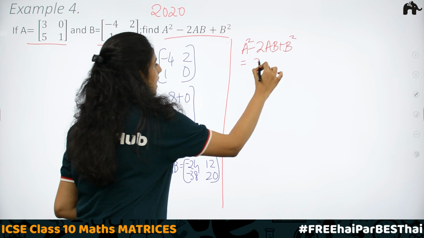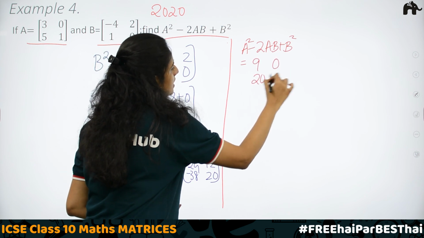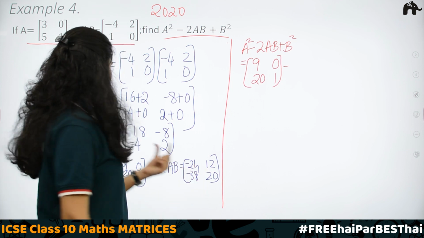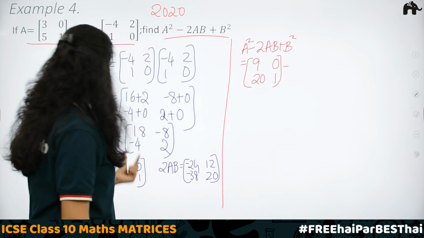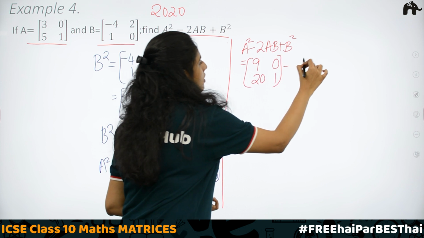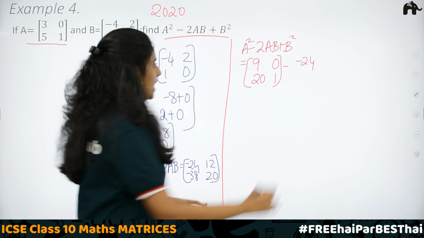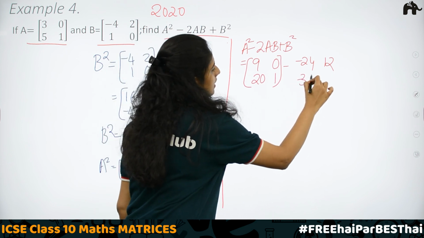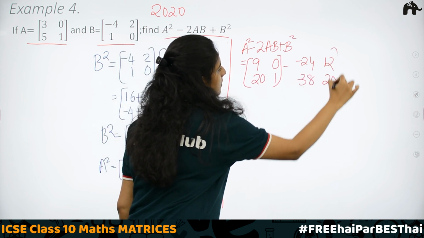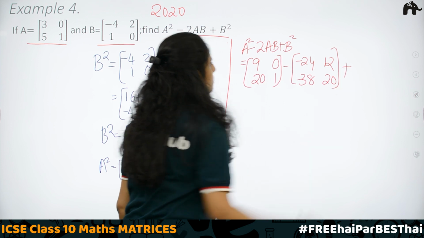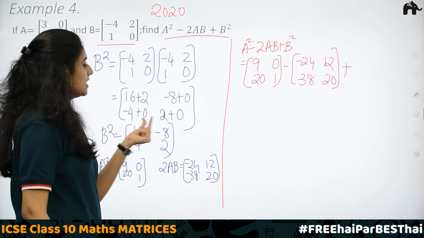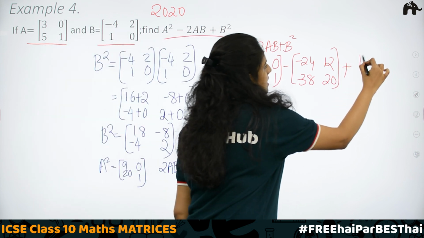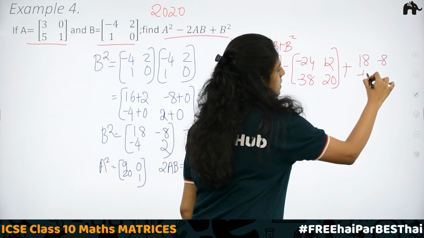We have 9, 0, 20 and 1. Next, minus 2AB. 2AB is minus 24, then 12, minus 38 and 20, plus B square. What is B square? 18, minus 8, minus 4, 2.